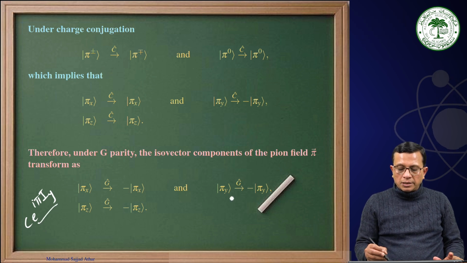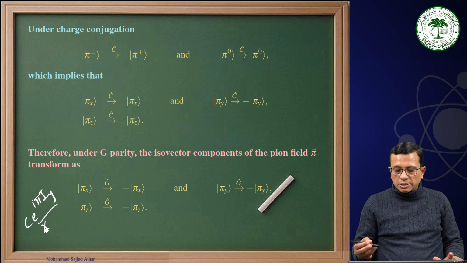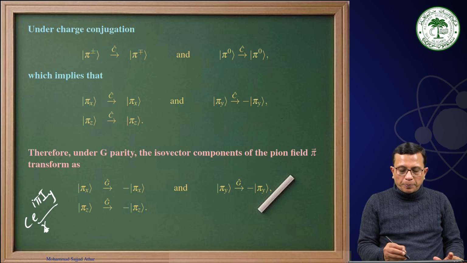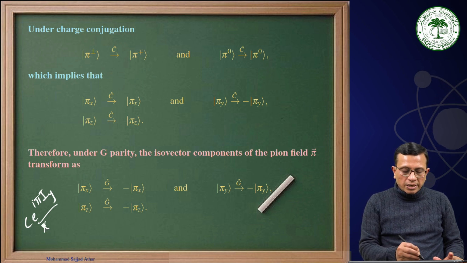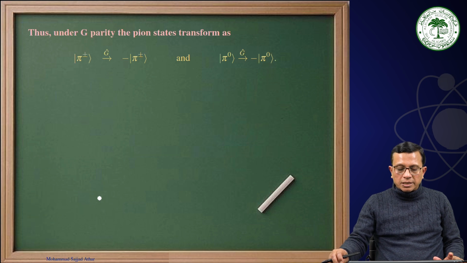Pi y, because of C, there is a change of sign, there is no change of sign because rotation is along the y-axis. And for pi z, there is a change of sign because of the rotation, there is no change of sign because of C. But what you notice, that under G, all of them are changing sign.